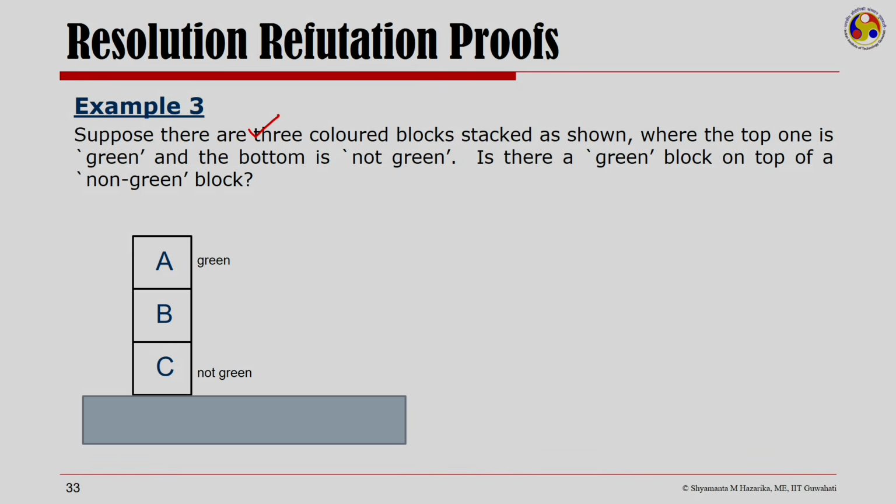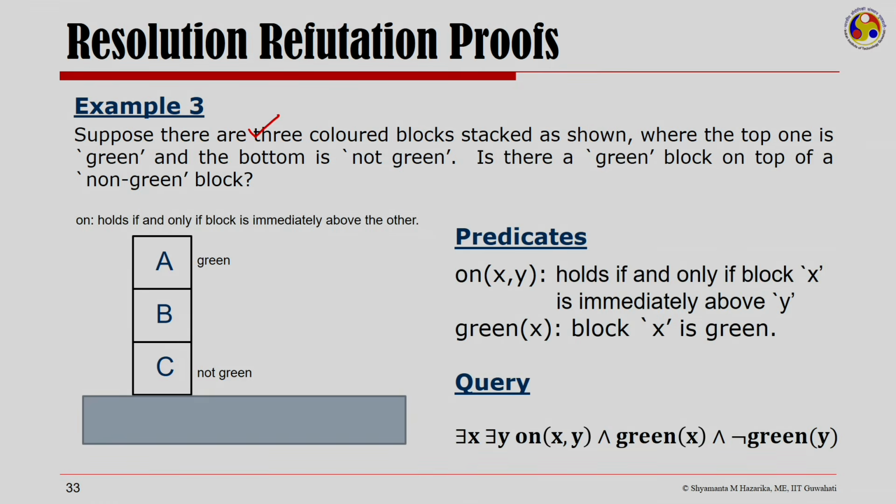How do you look at this in first order predicate calculus? In order to do this, I introduce 2 predicates: on(X, Y), which holds if and only if block X is immediately above block Y, and green(X), which says that block X is green.